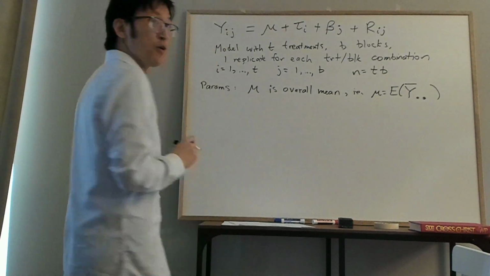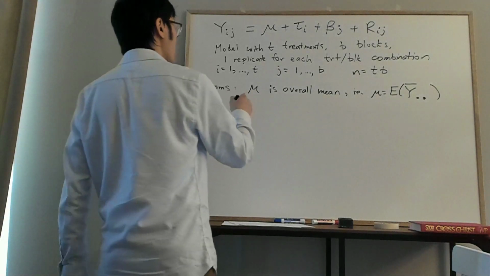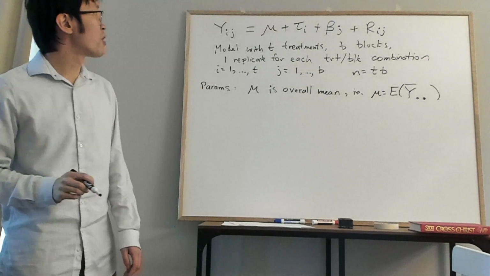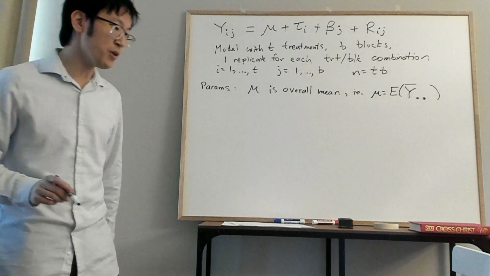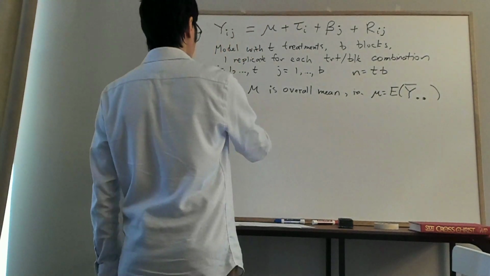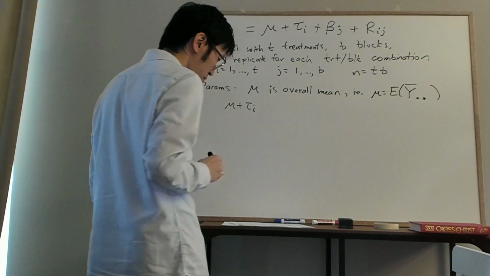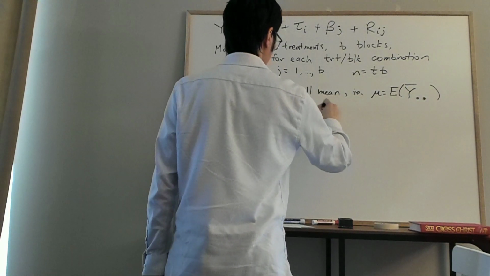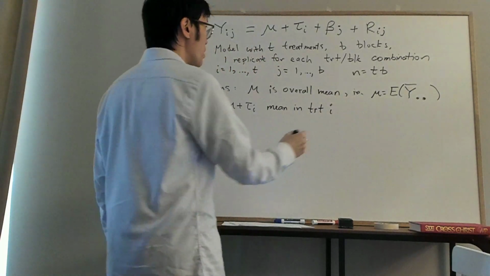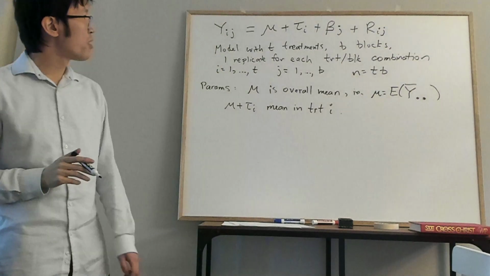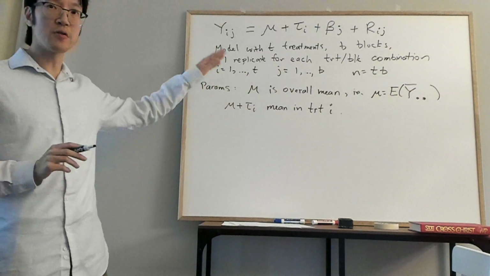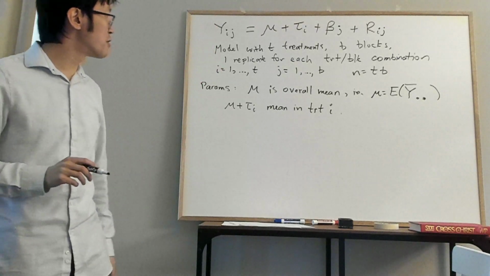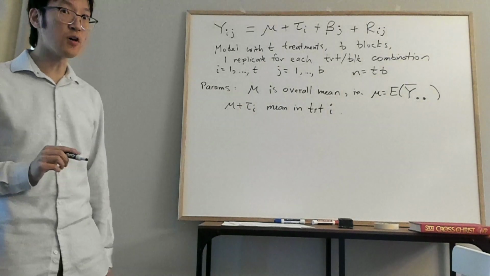Okay, and then we have the treatment means. As before, tau i, the treatment effects, govern the difference between each treatment mean and the overall mean. So mu plus tau i is the mean in the ith treatment. Like the other models that we've looked at so far, this model is over-parameterized, in the sense that since we want these interpretations, it leads to constraints.